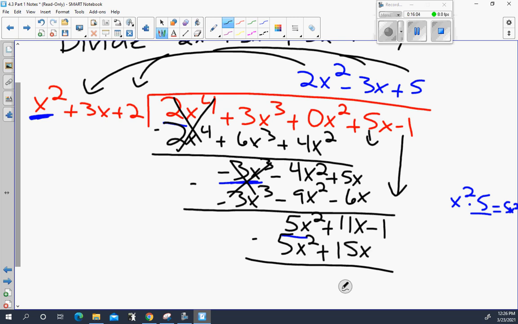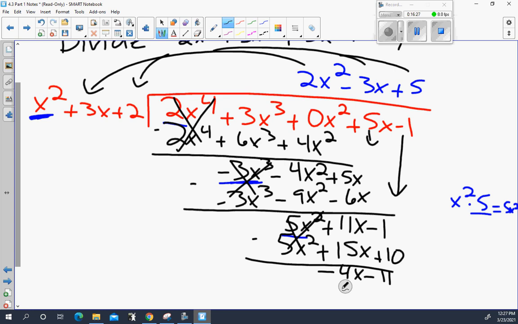And 5 times 2 is a positive 10. 5x squared cancel out. What's 11x minus 15x? That's negative 4x. And we have negative 1 minus 10, which is negative 11. Okay, and that right there is my remainder.